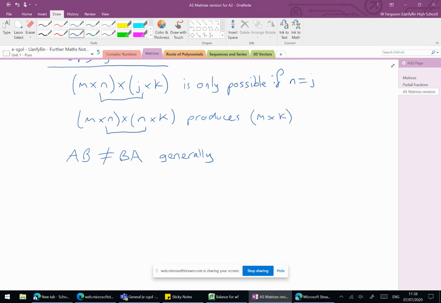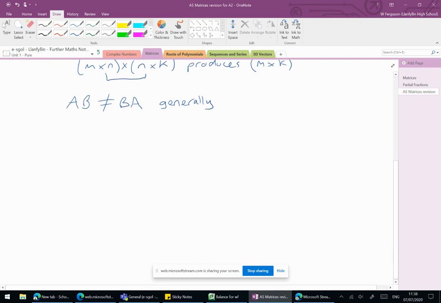Next thing to think about is just, well, how do we actually do the multiplication? Just as an example, if I take a 2 by 3 matrix like this one, 5, minus 1, 2, 8, 3, 4. So remember dimensions there, 2 by 3, 2 rows, 3 columns.